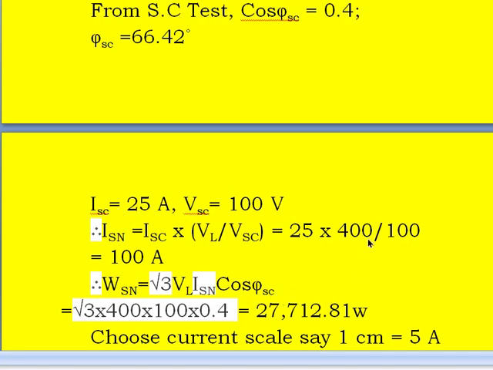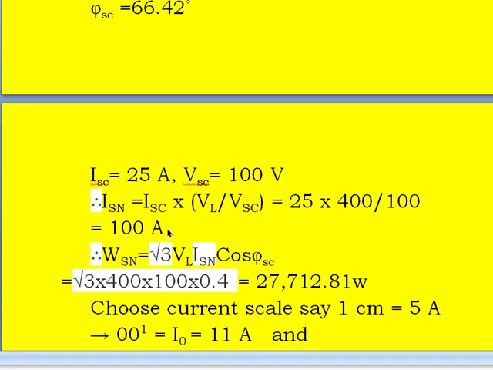Suppose 400 volts is applied in the short circuit test, then the current that flows under the short circuit condition, we call that ISN, and we can calculate it as ISC divided by VSC into 400, that is VL. So we get 25 into 400 divided by 100. Once we simplify this, we get 100 amperes.